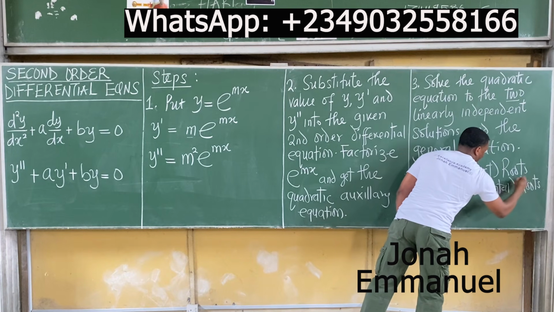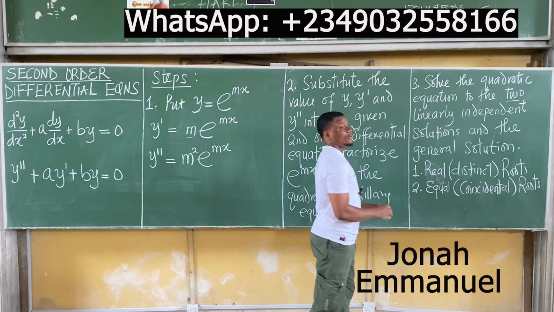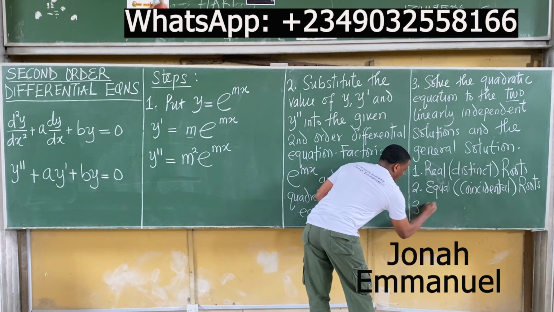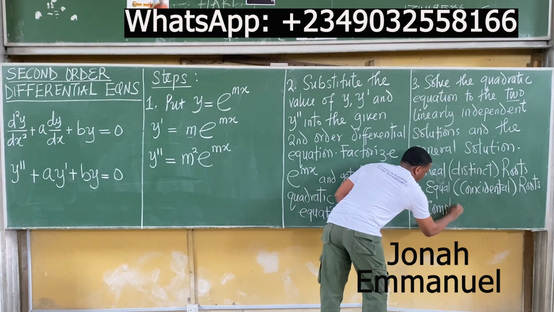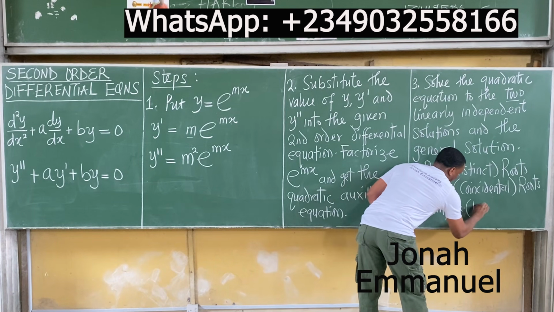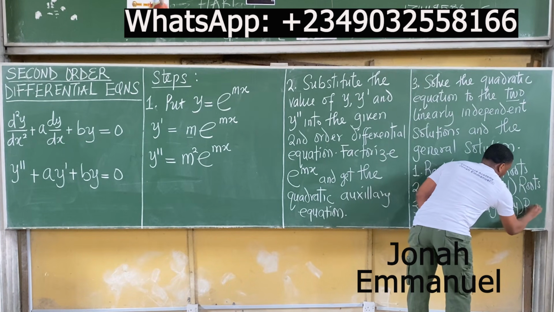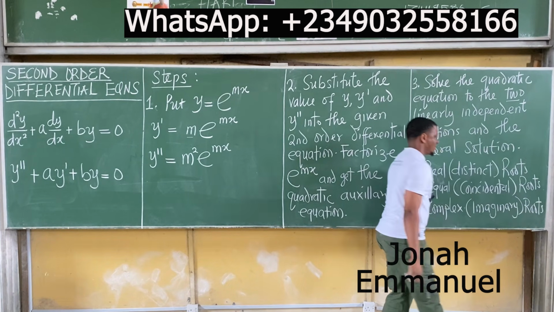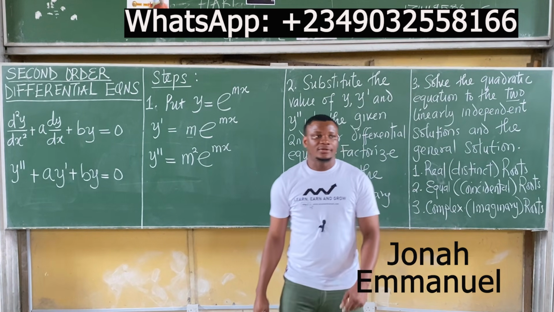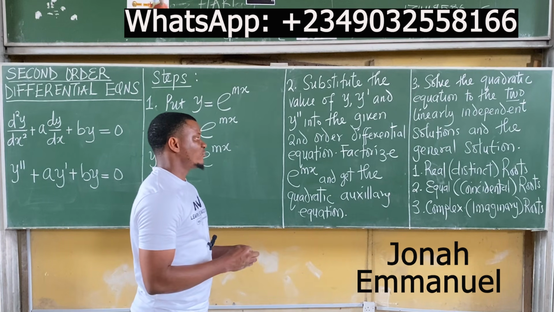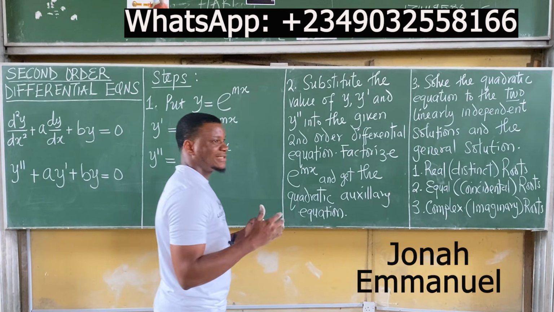Please check back on the class on quadratic equation. The third one is called complex or imaginary. These are the three types of roots of a quadratic equation.